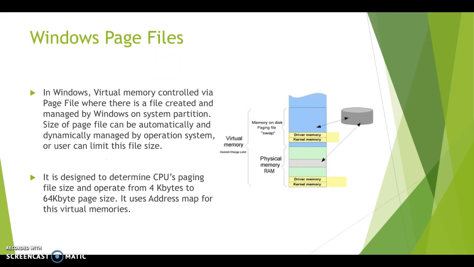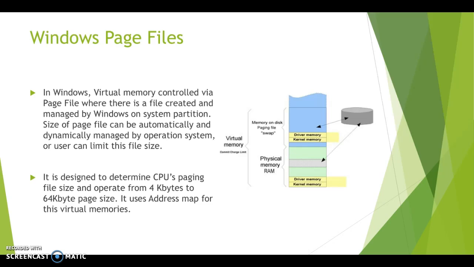In Windows, virtual memory is controlled via a page file, which is a file created and managed by Windows on the system partition. The size of the page file can be automatically and dynamically managed by the operating system, or the user can limit its size. It is designed to determine CPU paging size and operates from 4 KB to 64 KB page size.